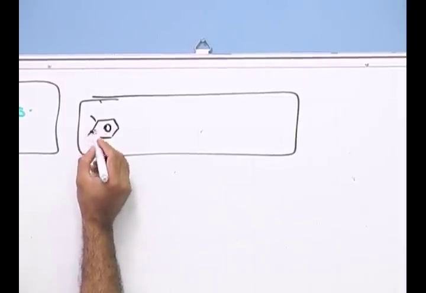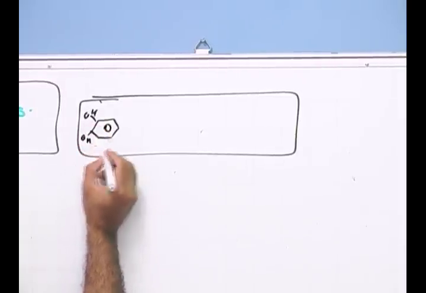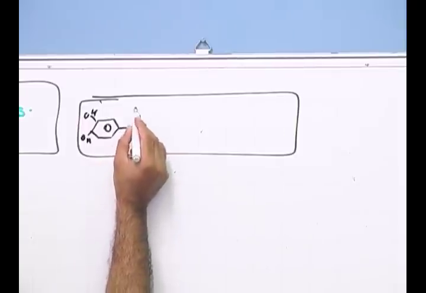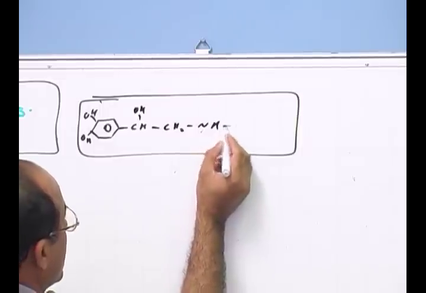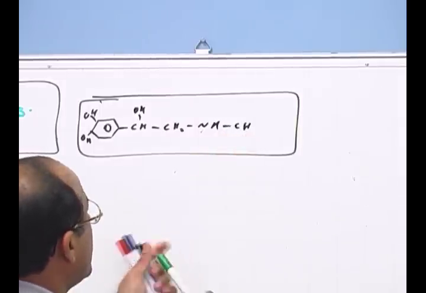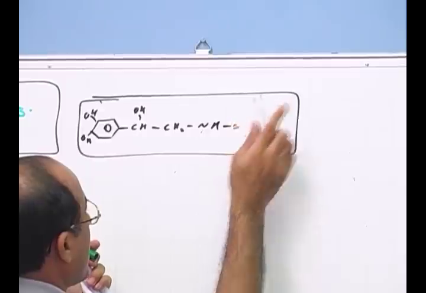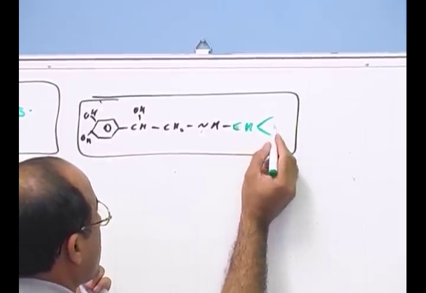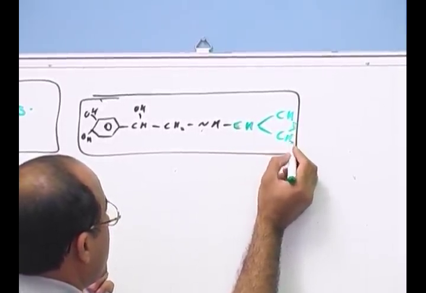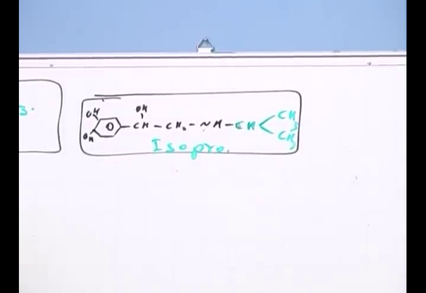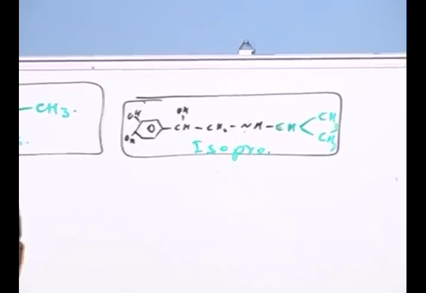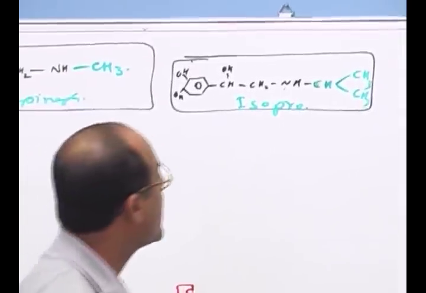And this is again hydroxylated, and here it is CH, OH, CH2NH, CH, and what is this? Isoproterenol or isoprenaline. Americans call it isoproterenol, British people call it isoprenaline.